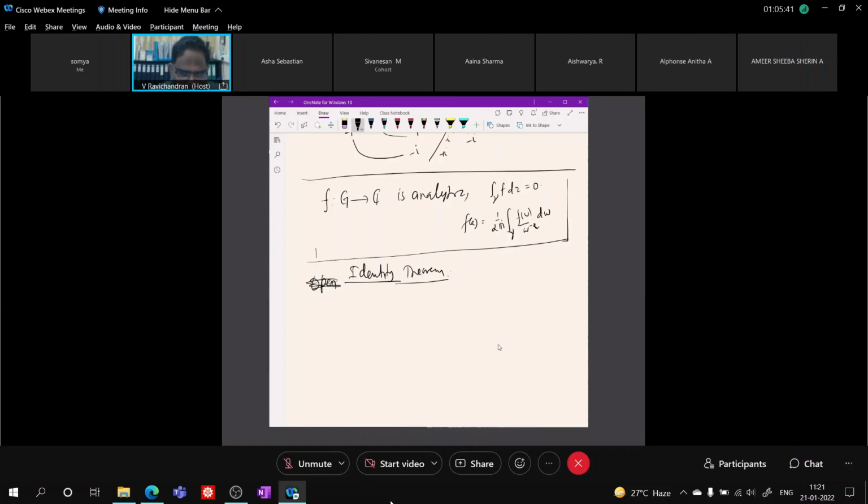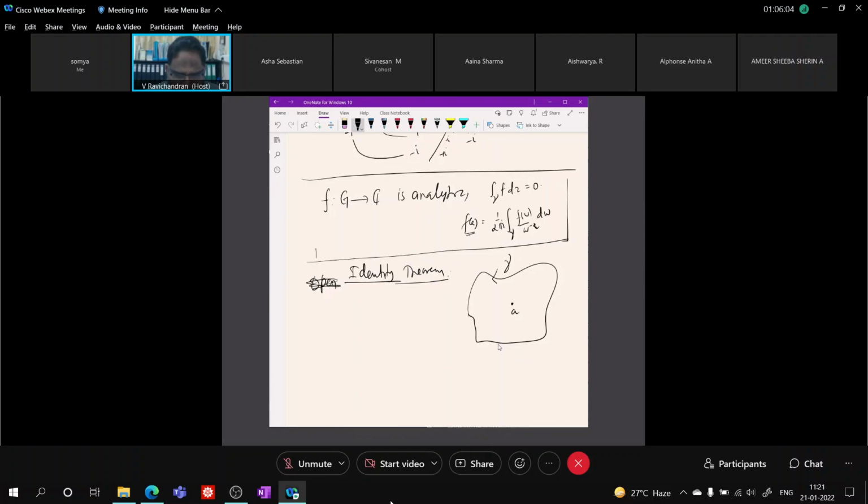If you want to understand what is the identity theorem, then probably you need to understand what this Cauchy integral formula says. So if you consider the Cauchy integral formula, gamma is a closed curve, maybe a simple closed curve, and a is a point inside. So f of a is known now by a formula using this. We have a formula like this that gives you f of a.